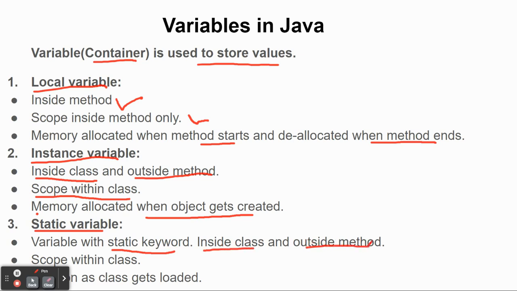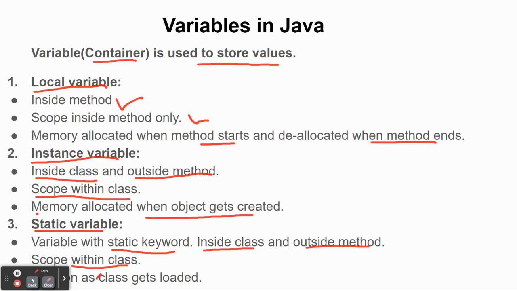So this is exactly similar to your instance variable. The only difference is that it will have the static keyword before the variable declaration. Now the scope is inside the class only, similar to the instance variable.